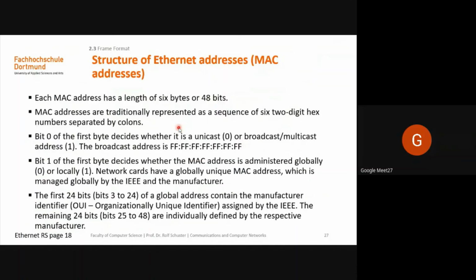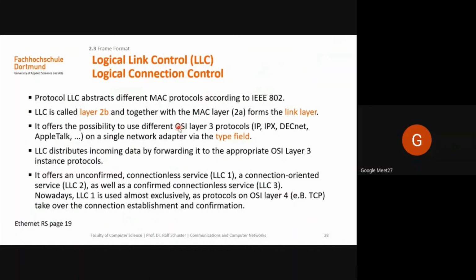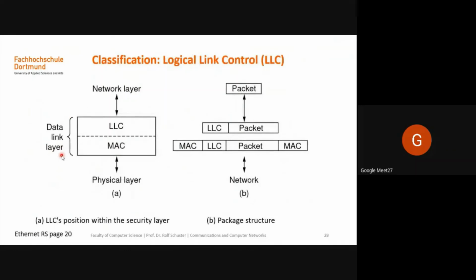And then what we need to know is that the OSI data link layer has been divided into sublayers by the IEEE group, that is the 802.3 group, and they define that there is a sublayer called MAC, Medium Access Control sublayer, and a sublayer LLC, Logical Link Control sublayer.